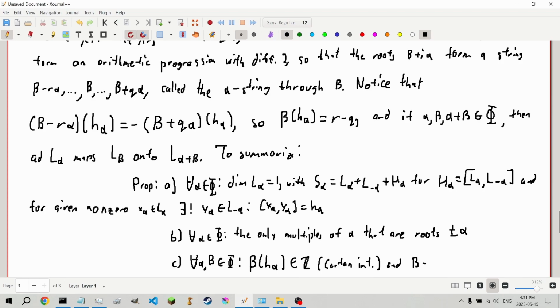And beta minus beta of H alpha times alpha is also a root.